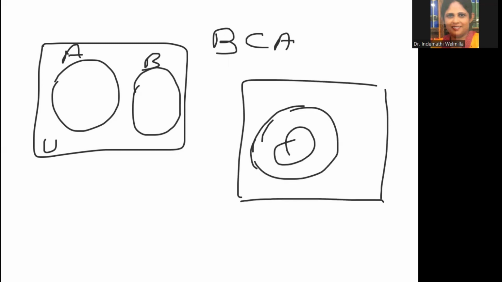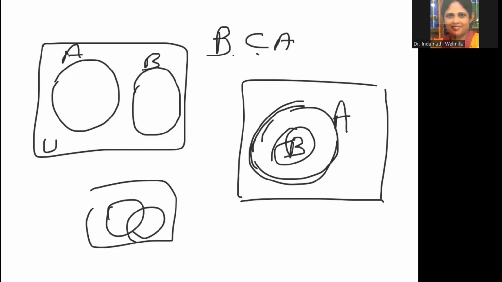The big one is A, because B is a subset of A. Then this small one is B. So you have to represent it like this. That means we can say B is a proper subset of A. And you already know A intersection B is this one, and A union B is the whole.